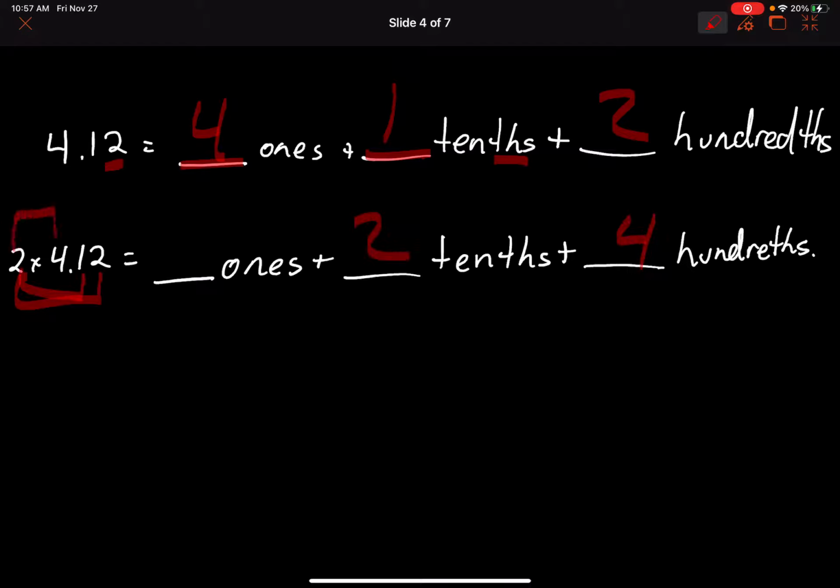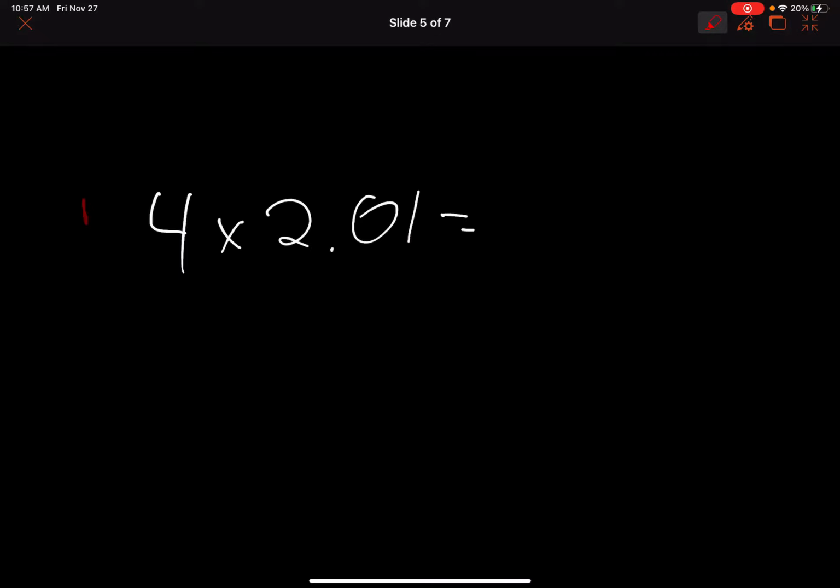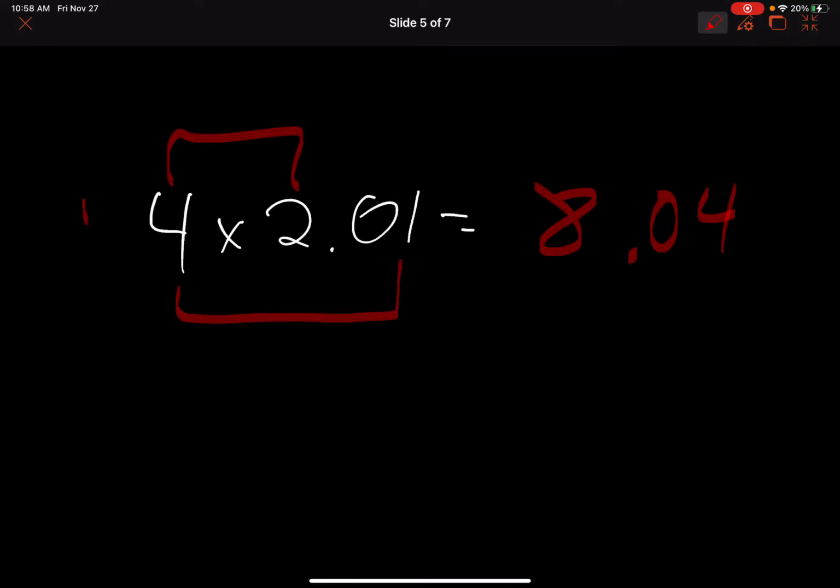And 2 times 4 is 8 ones. All right, so what I did there is all I do is multiply one at a time, and I can do this in my mind. So 4 times 1 hundredths is 4 hundredths. 4 times 0 tenths is 0. And then 4 times the 2 ones is 8.